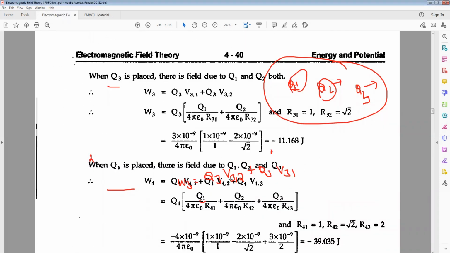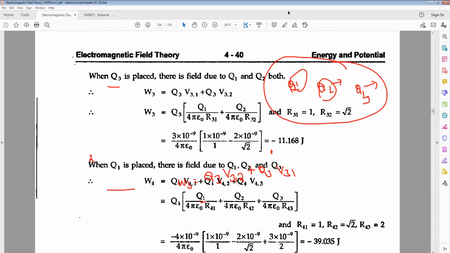Q1 by 4 pi epsilon naught: the R31 value is 1 and the R32 value is root 2. The remaining functions are common terms, so Q1, Q2 and Q3. Similarly, the last one, Q4, is placed in the field due to Q1, Q2 and Q3. All the forces are exerted on Q4.